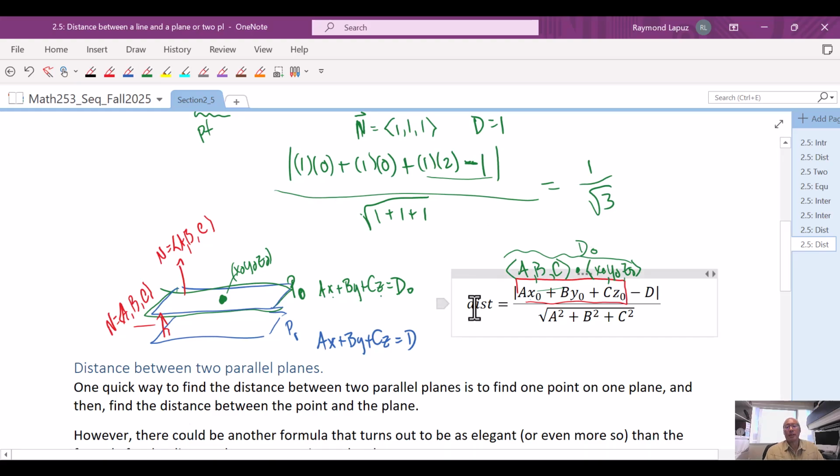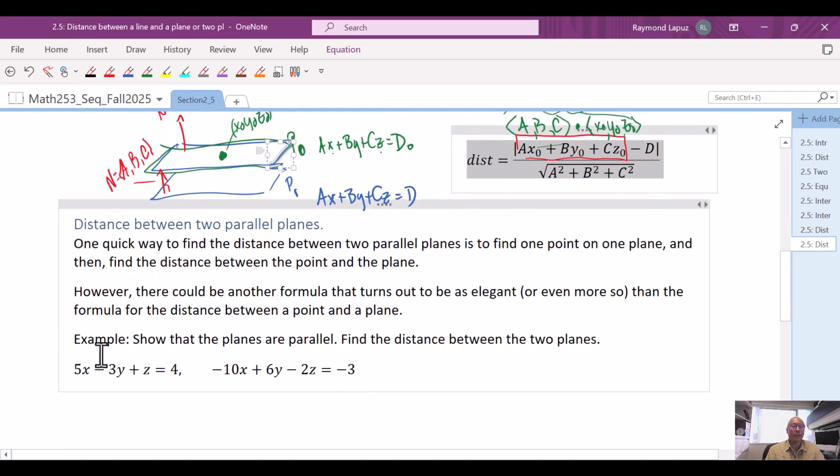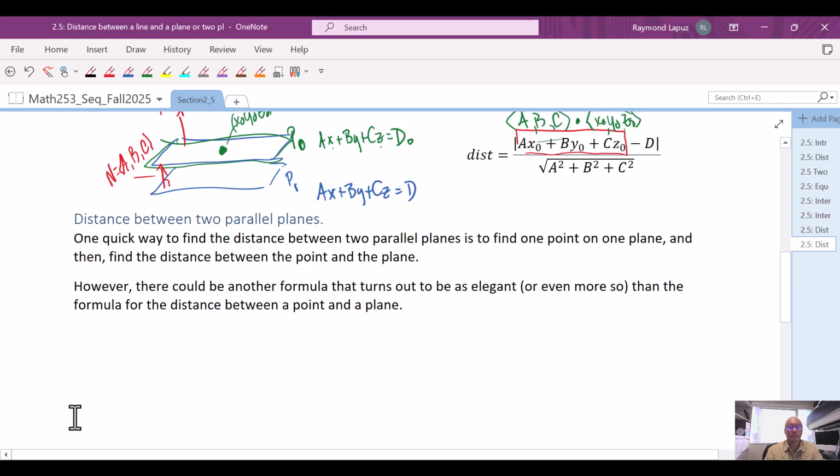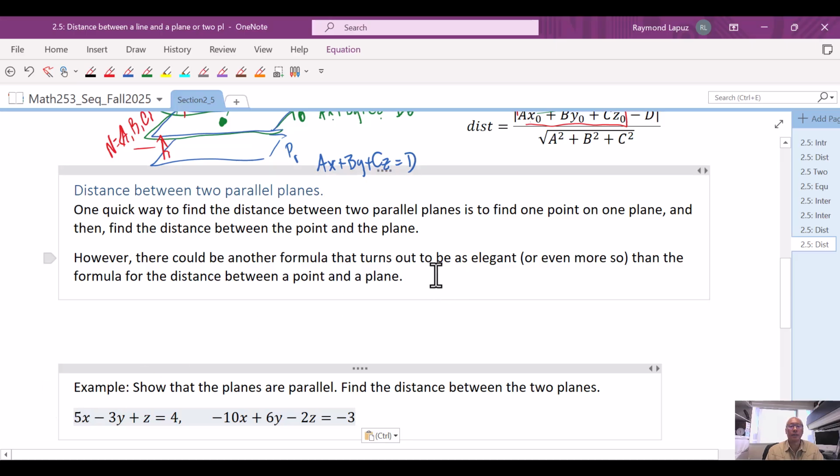So maybe I'll copy this again, and here I was talking about how we can come up with a more elegant formula, and let's get ready to show that more elegant formula.